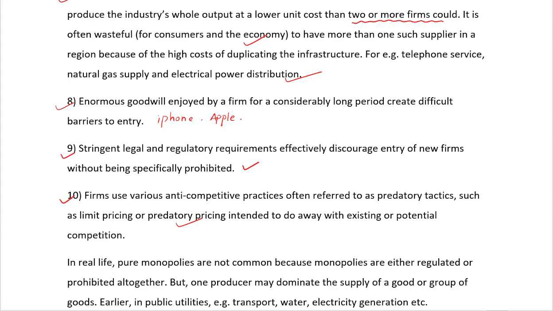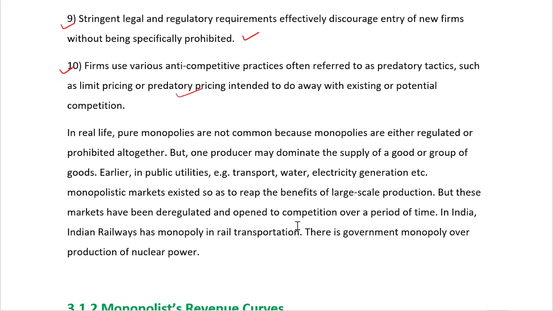In predatory pricing, the large manufacturer sets prices very low. In such a case, many sellers would not be able to compete with the selling prices, and they lose the market and get out of the market.